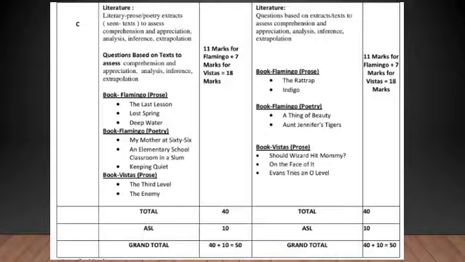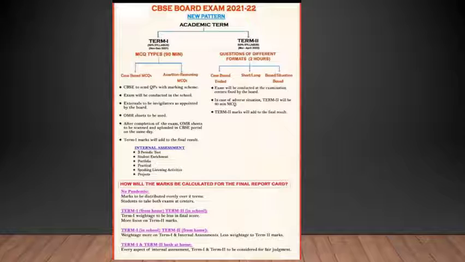So in both terms, ASL will be conducted. In a nutshell, term 1 examination is going to be multiple choice question type of 90 minutes duration, whereas term 2 examination will be subjective type, where questions of different formats will be asked.